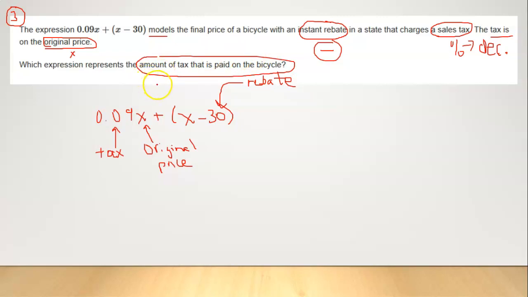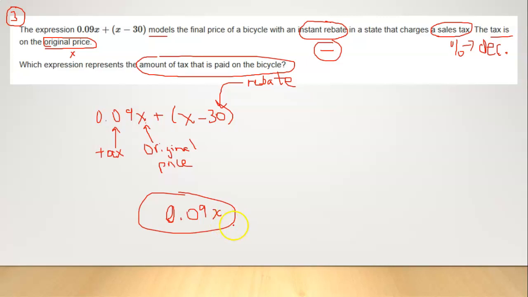Well, remember, we're buying the bicycle, so the price of the bicycle is going to be x, and there's that decimal being multiplied by the price of the bicycle. So 0.09x is the part of the expression that represents the amount of tax that is paid on the bicycle.